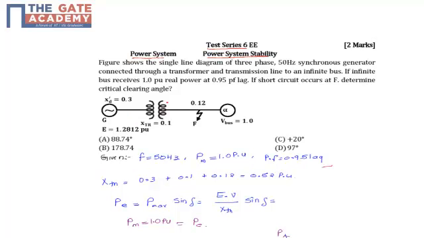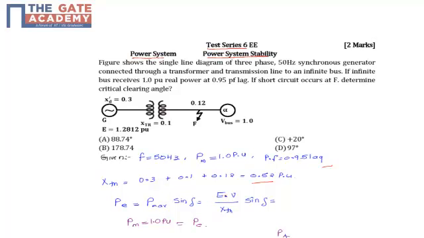First find the value of XTH, which is the overall reactance. Here the transient reactance is 0.3 plus 0.1 plus 0.12, so the value of XTH is 0.52 pu. The real power formula is PE equals Pmax sin delta, where Pmax is EV by XTH.